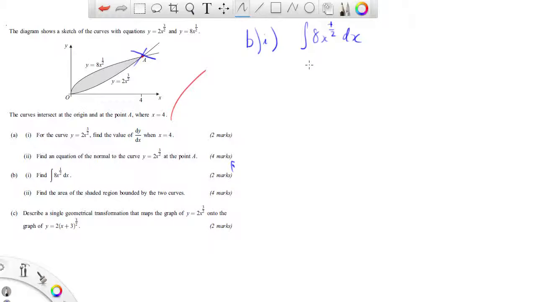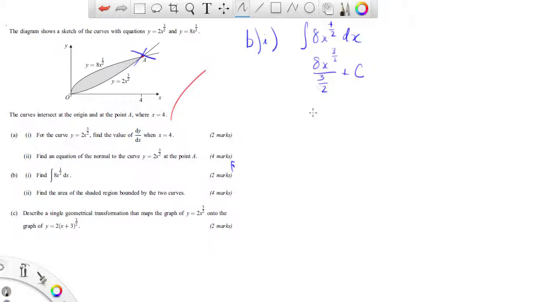So what we're going to do is we're going to have 8x to the 1/2 plus 1, which is going to be 3/2. So that's going to be 8x to the 3/2 power, and this is going to be over 3/2. And because we just integrated, don't forget about plus c. Never, ever, ever will we leave something like this where we have a fraction and a fraction.